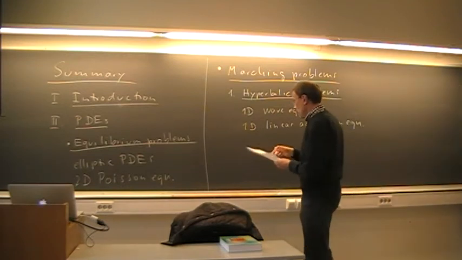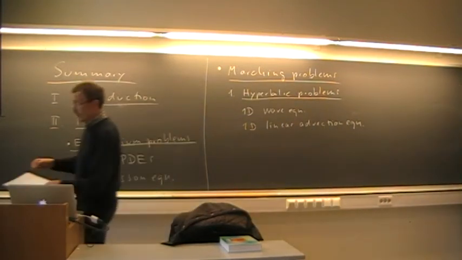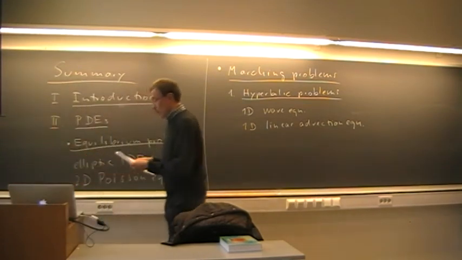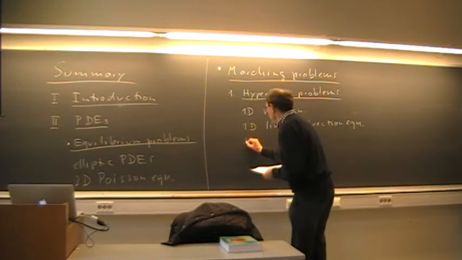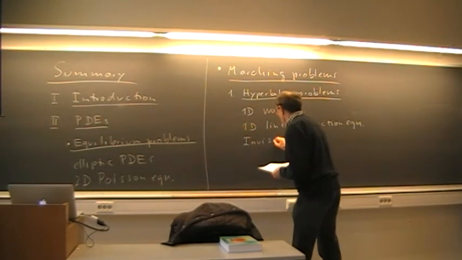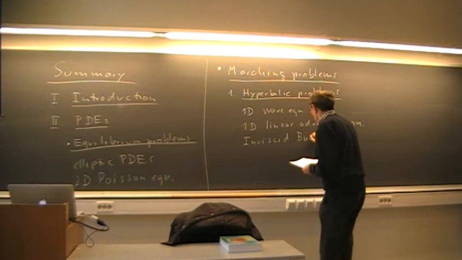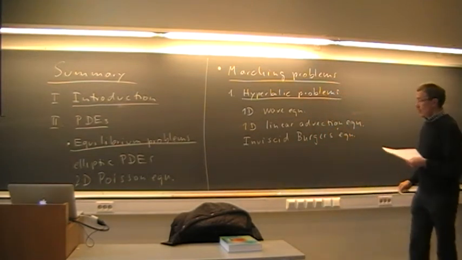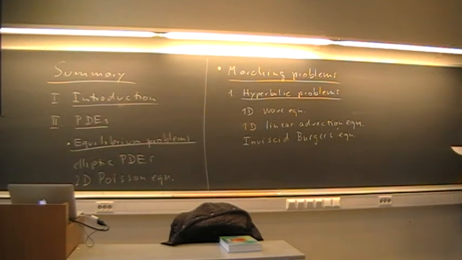And the more advanced example that we also studied in more detail was the inviscid Burgers equation. It is a model of the one-dimensional Navier-Stokes equation, or actually the Euler equation, because for the inviscid Burgers equation we don't have viscous effects, and we have neglected the pressure gradient.